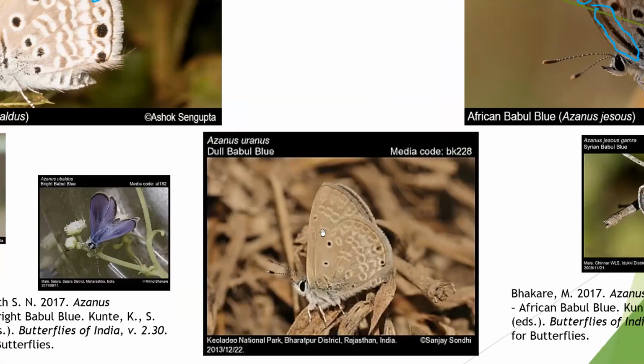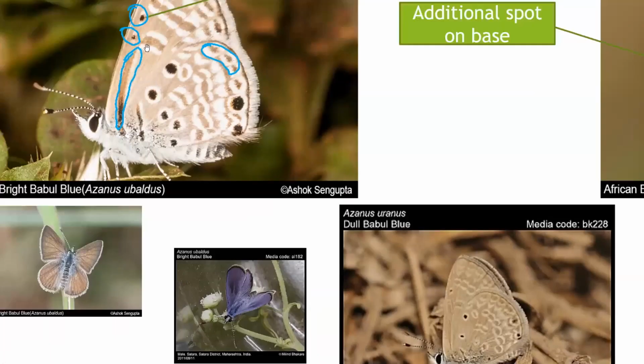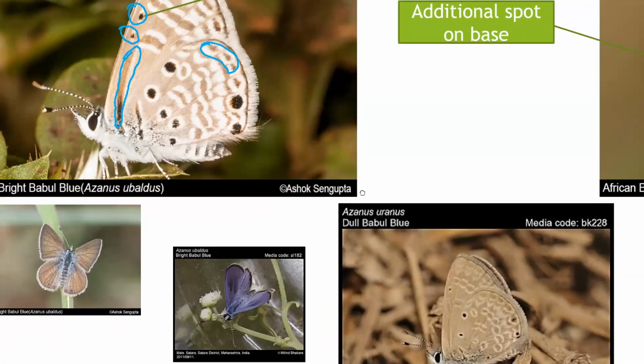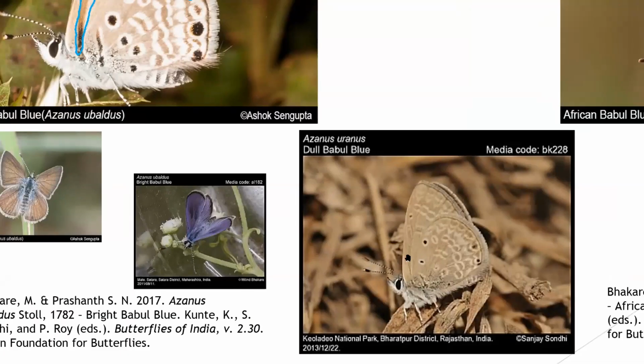You'll see that in case of dull Babul Blue, the outer margin of the cell of the forewing doesn't have the brown. The brown is missing. Can you see? The brown is here and the brown is missing. So when you see in the field, especially my friends from Bangalore, the cell spot and the coastal spots are also present here.